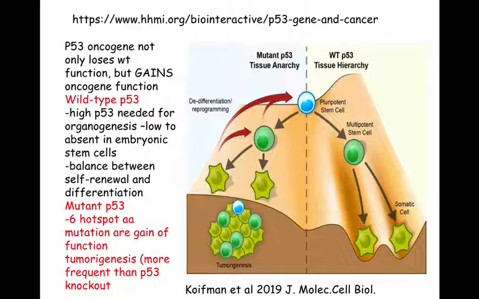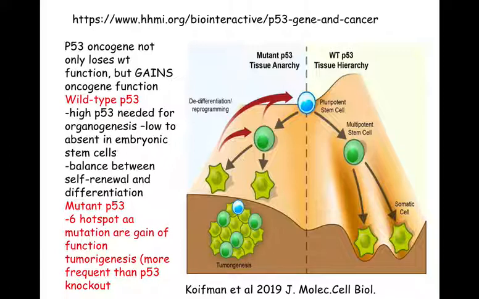If p53 becomes an oncogene and acquires a mutation, it not only loses its ability to turn on genes that will stop the cell before it enters the S phase, stop the cell in G1, and also turn on genes that will repair the DNA. It not only loses that, but it gains function as an oncogene where it turns on bad stuff. So it's not only not turning on good stuff, but it's also turning on bad stuff.